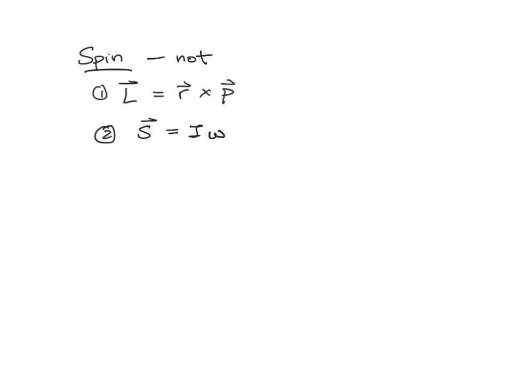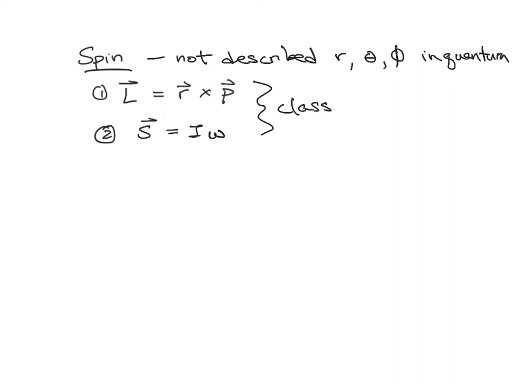So it's not described by r or theta or phi in our quantum system. So this classical idea, that classical comparison, kind of breaks down at this point.